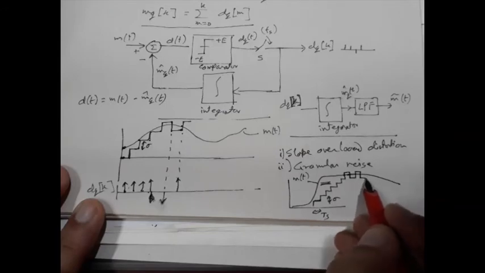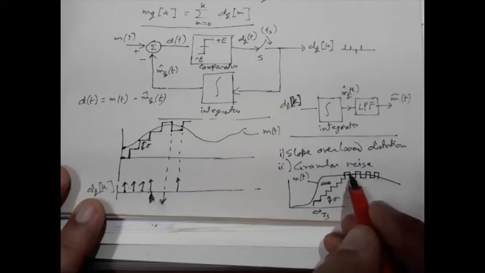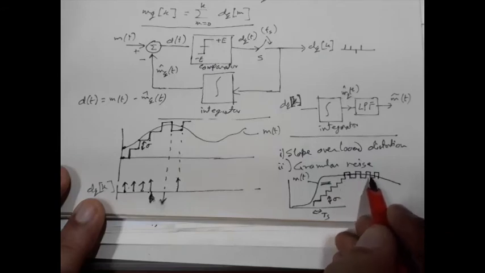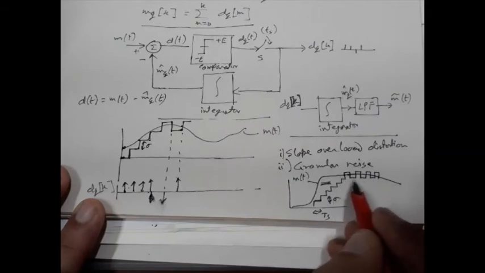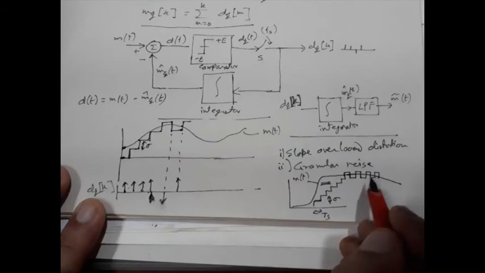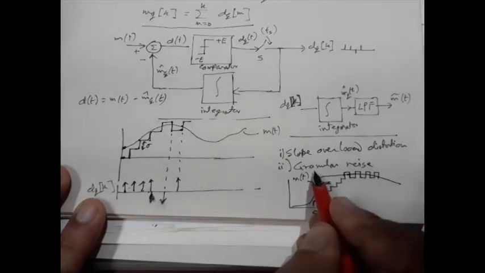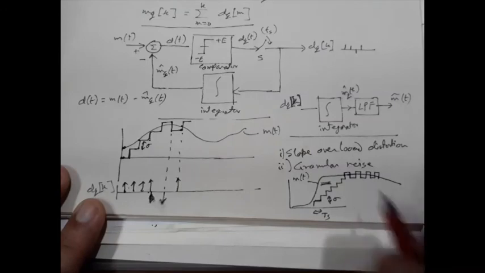It will move up or down in this way. That means the signal is almost stable, but the output is moving continuously. It is just like quantization noise in a PCM system. This will produce some noise, and this noise is called the granular noise for delta modulation.